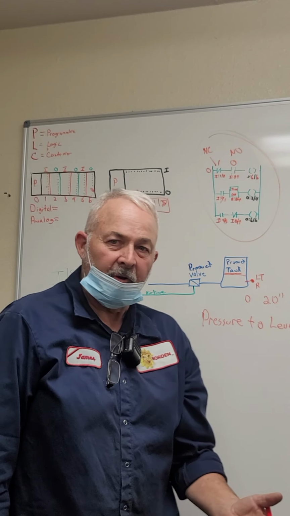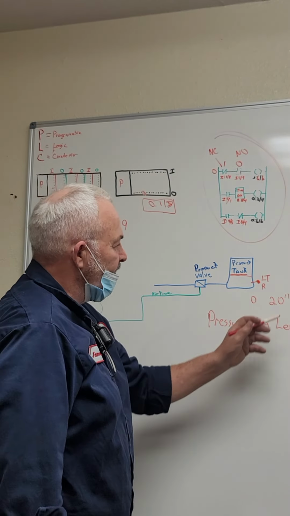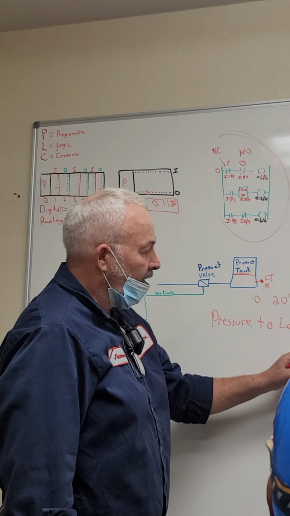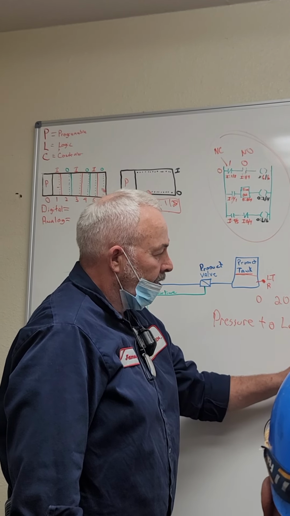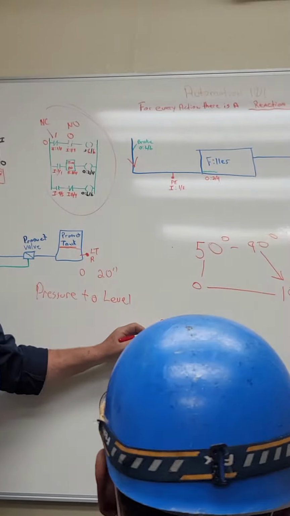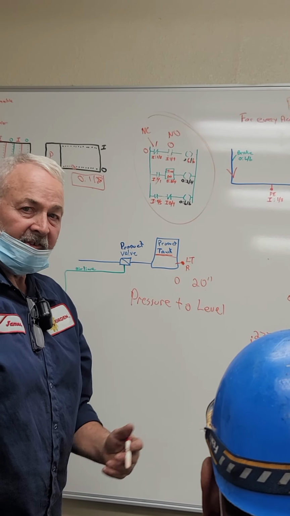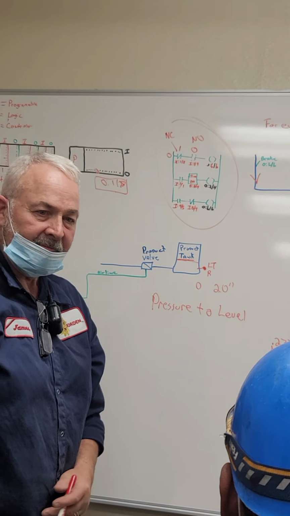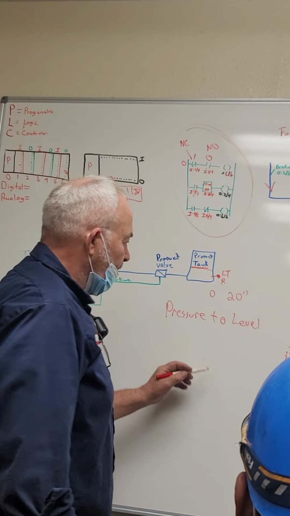So y'all see where this is going? We want 20 inches, so we're going to divide this by 12. That's going to give us the pounds per inch. All right, so let's do that.